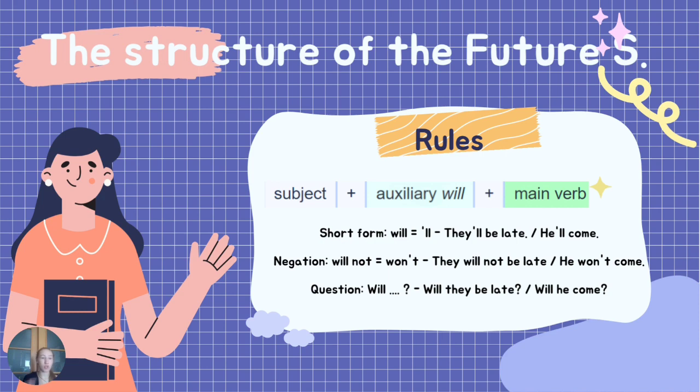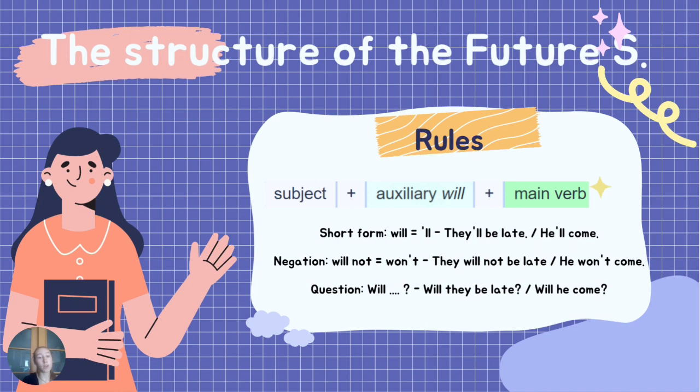No, everything's great, everything's fine in our future simple. The short form for will is apostrophe double L. You can use the long form, will, or the short form with the apostrophe double L. For example, they'll be late, he'll come, or they will be late, he will come.